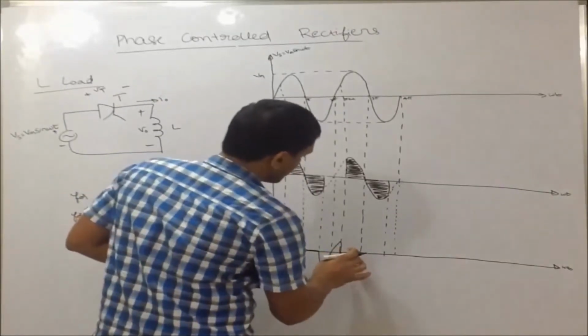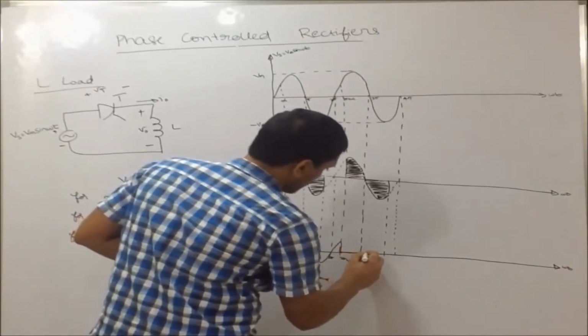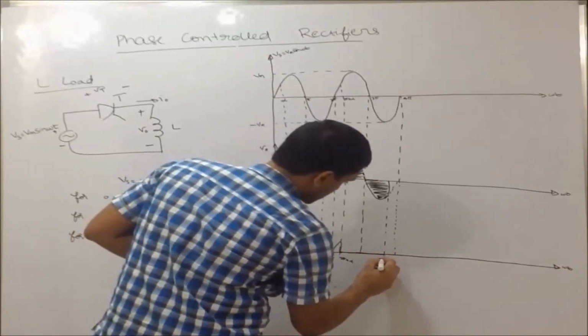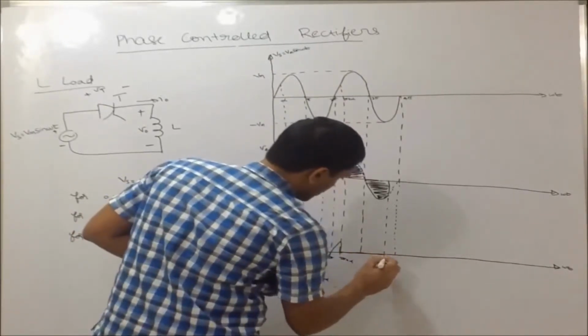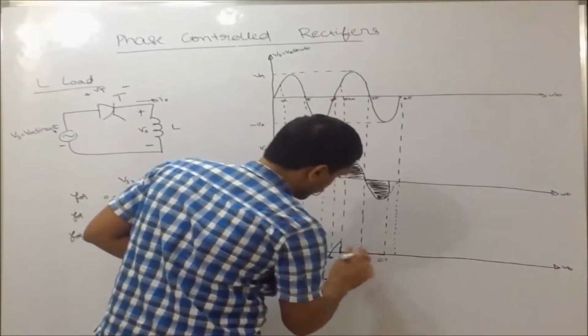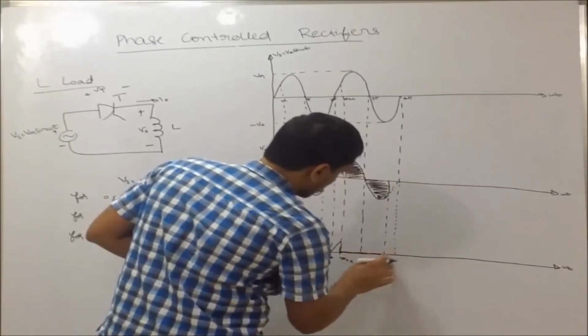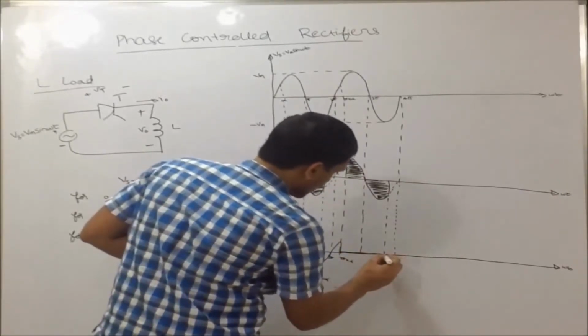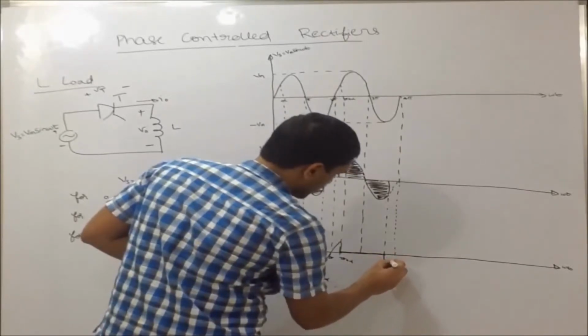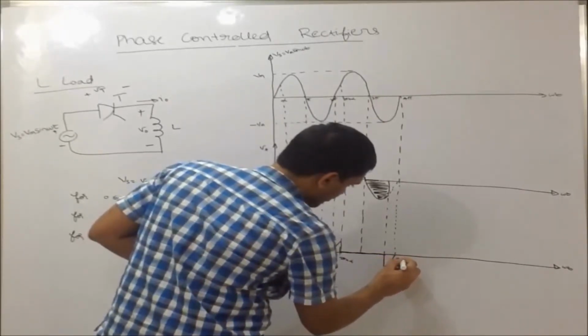And the same thing repeats from 2 pi plus alpha to 4 pi minus alpha. Again, this voltage is 0. And from 4 pi minus alpha to 4 pi, the voltage is the same as the supply voltage.